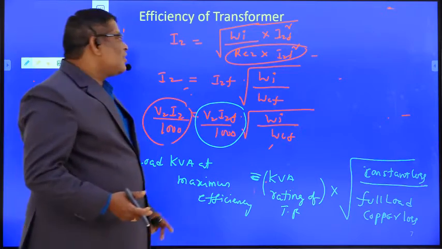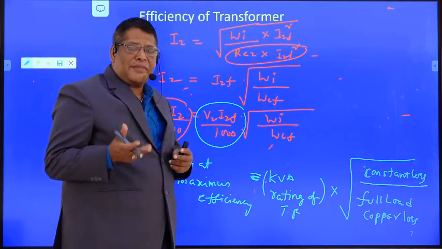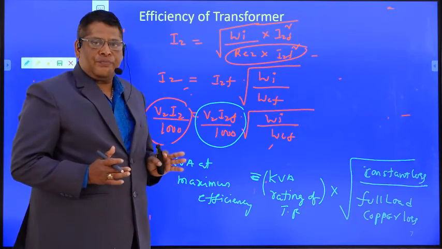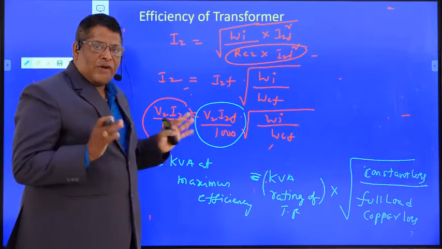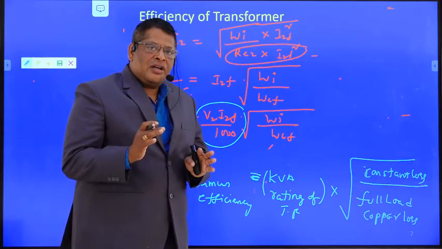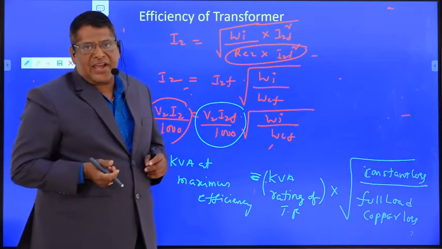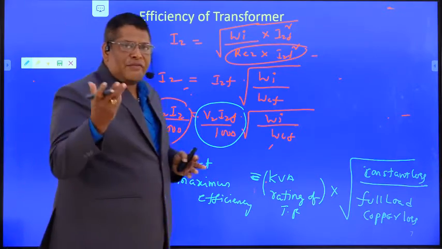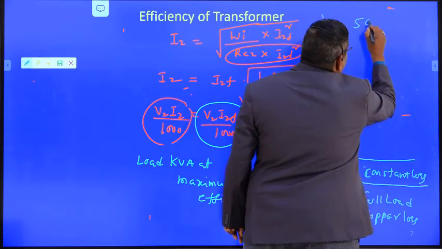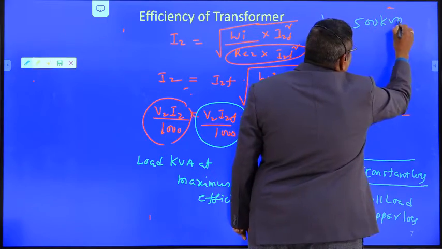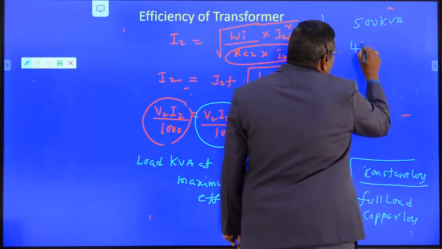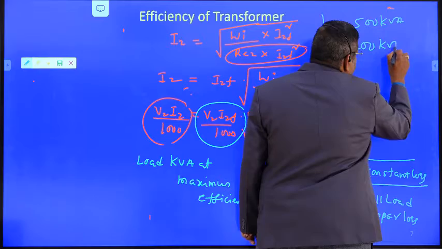So what is the importance of calculating the load kVA corresponding to the maximum efficiency? For a given transformer, if you know this value, then we apply the load on the transformer in such a way that it is giving the maximum efficiency. Suppose let me take one example. We have one transformer of 500 kVA rating, but this transformer is giving maximum efficiency at 400 kVA.